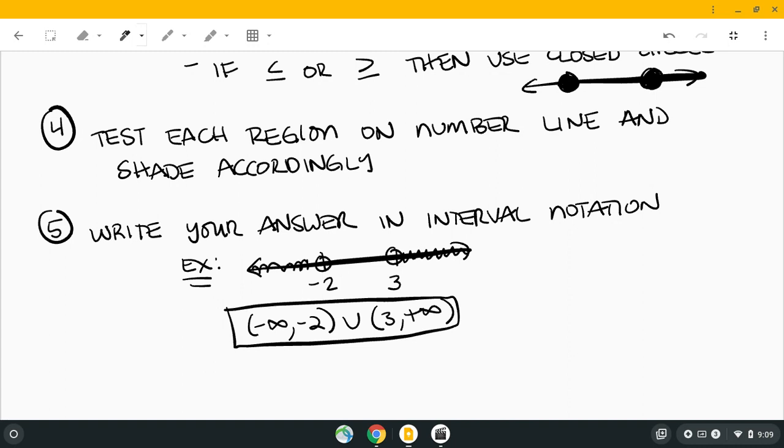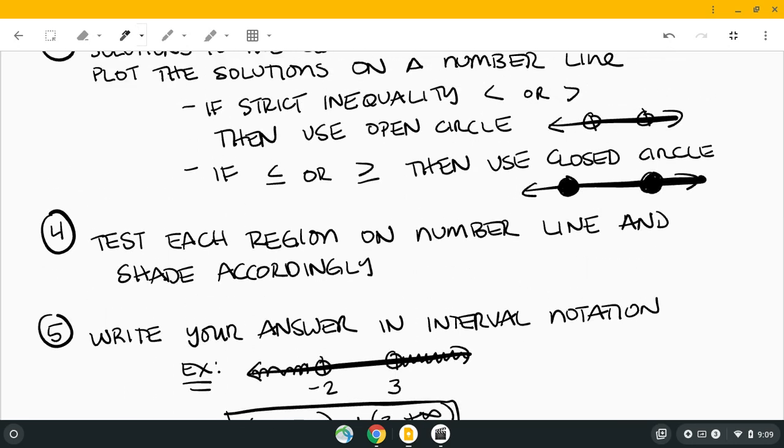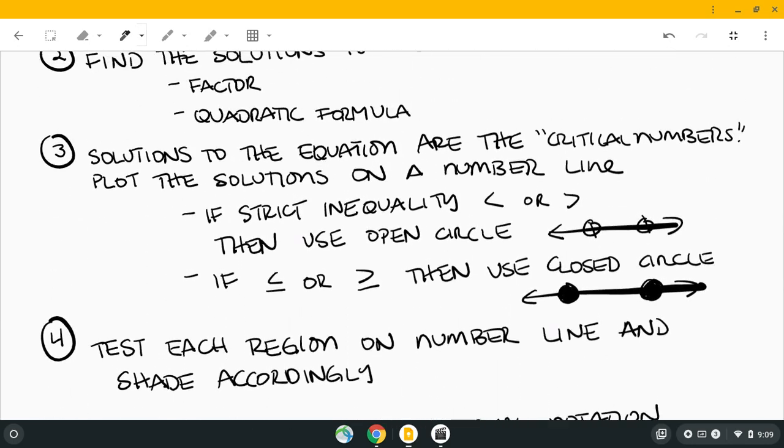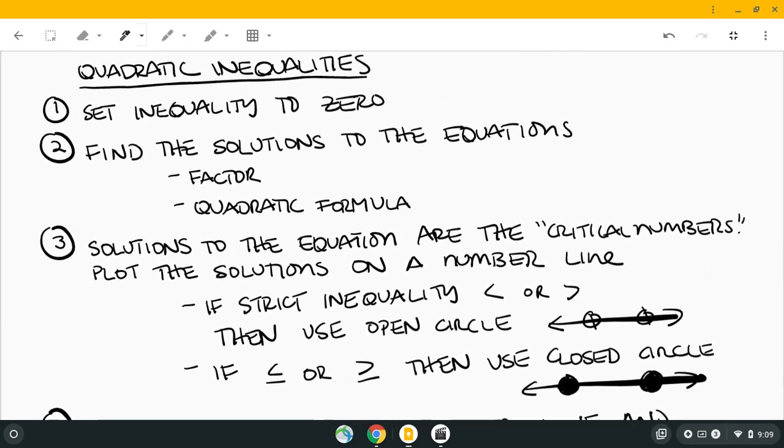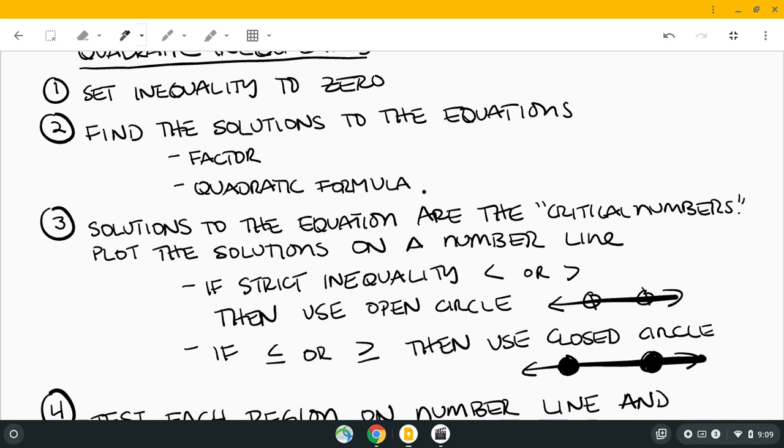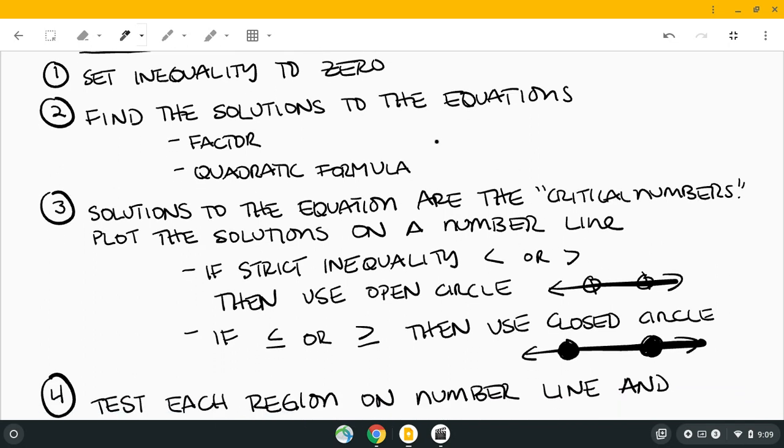All right, so those are the 5 steps. These problems can take a little bit of time. And like I said, oftentimes students will stop at step 2 and think they have the answer. Just because you factor and get some numbers doesn't mean you're done. That's really just the beginning, because you take those solutions and plot them.